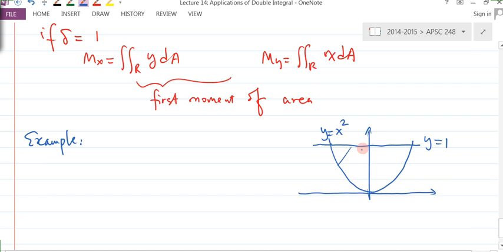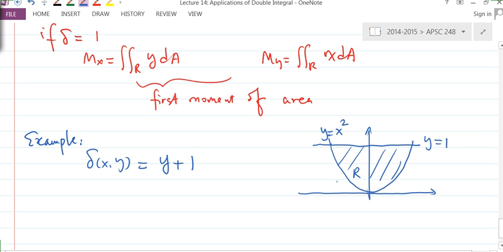Region R is this. The question now is, what is the center of mass for this region? The density for this plate is defined as delta of x, y equals y plus 1. So it's not a constant density; it's varying.